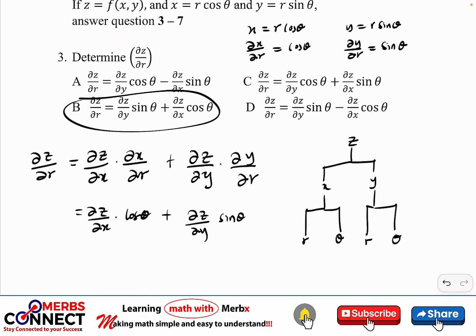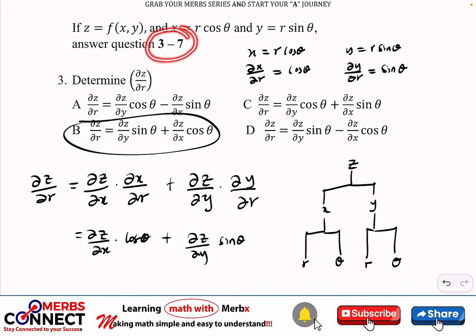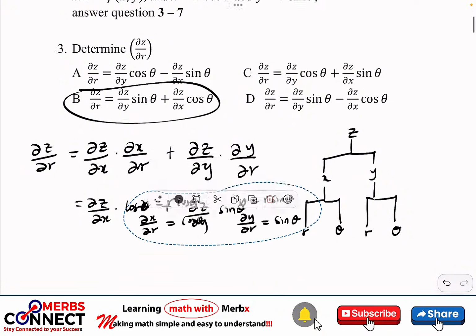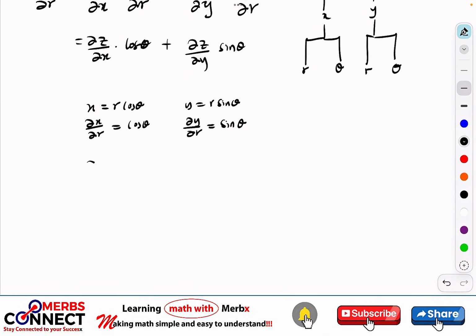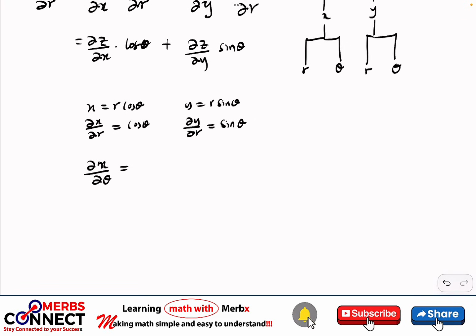Now, because we are using this one to solve from 3 to 7, I need to also differentiate. So let me bring this one down here. Let me differentiate x with respect to the other variable, which is theta, because we are going to use it in the next one. When I differentiate this with respect to theta, r is constant, so it's just going to be r.